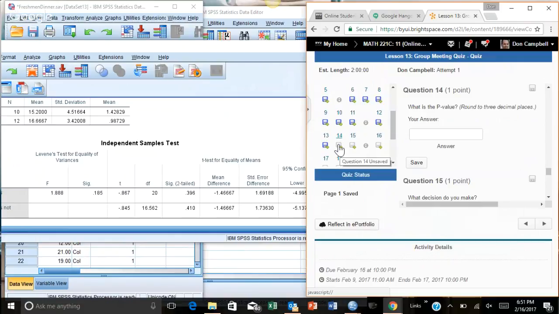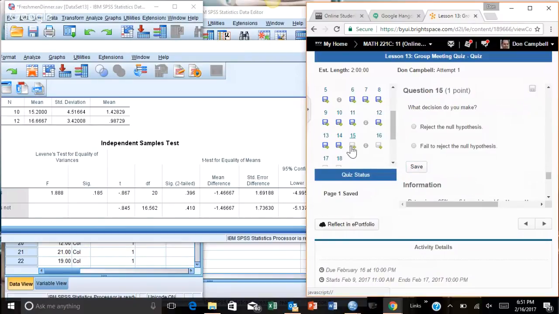So what did you get for the p-value? If we're halving it, I'm going to say that it's 0.205. That's what I'm saying. And then I think it would be fail to reject the null. Okay, so 0.20 is a lot bigger than 0.05, and I believe that's what we're working with.